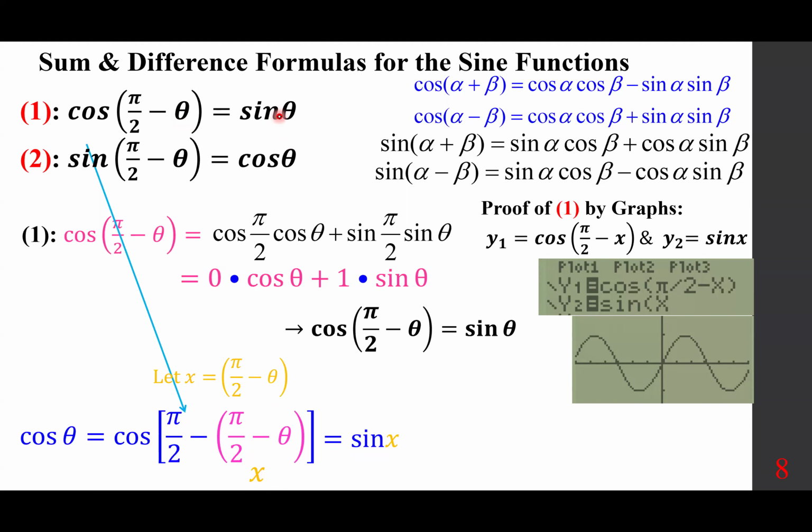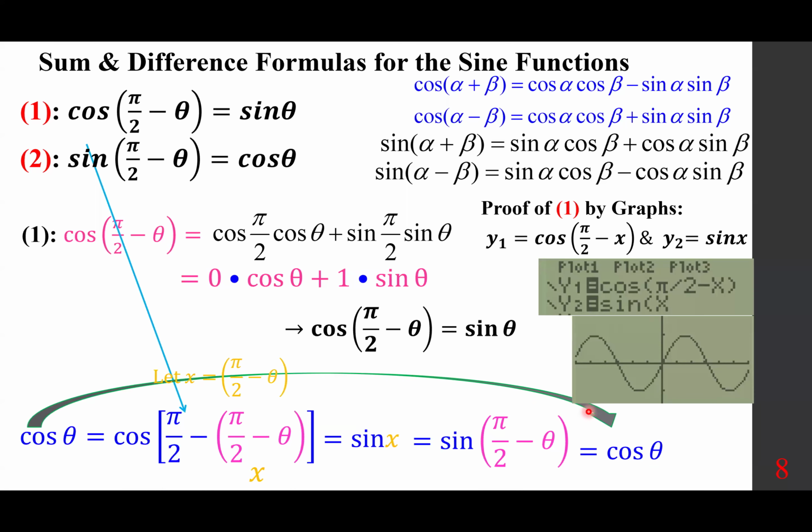On the one hand. On the other hand, sine x, we said x is pi over 2 minus theta, so it's equal to sine of pi over 2 minus theta. And of course, we know it's cosine theta. So therefore, sine of pi over 2 minus theta equals cosine theta. Believe it or not, that's the proof for number 2.